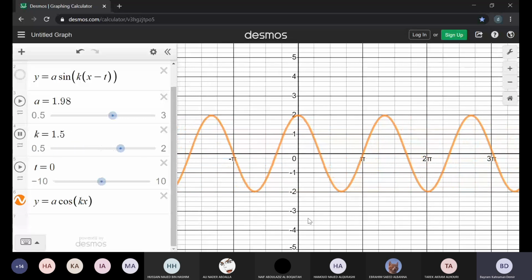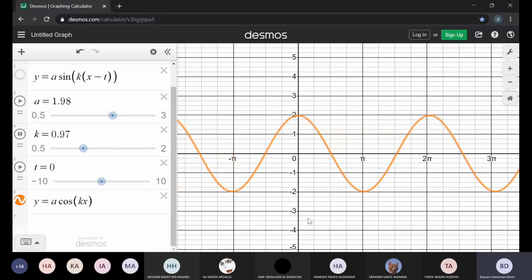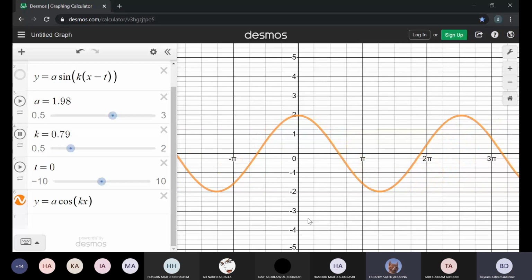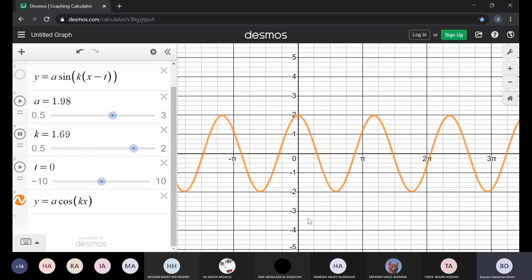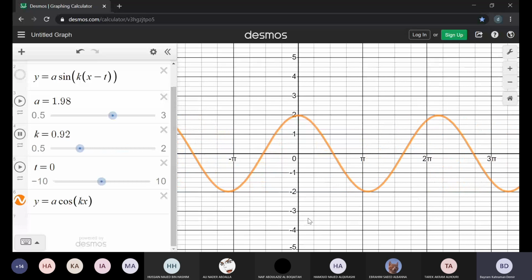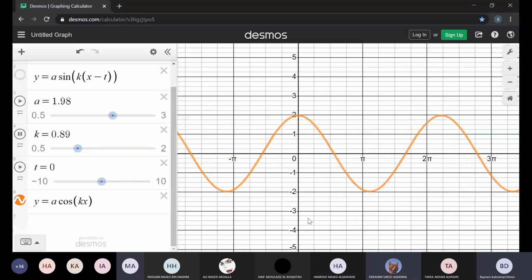So now who's going to tell me what is not changing here? Range. The y values. Range is not changing, exactly. So what is changing then, Shabab? Period. The stretching and period is changing. The x-intercepts too.